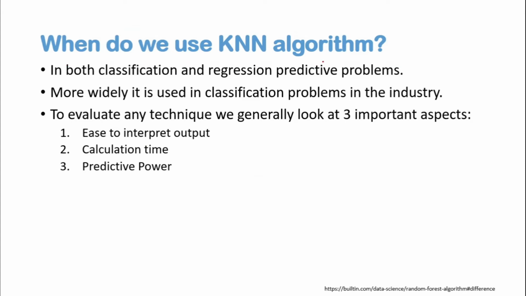When do we use the KNN algorithm? This is the question. As we already know, it is a supervised algorithm. The KNN algorithm is used for both classification and regression. For predictive problems like classification problems and regression problems, we can use this KNN algorithm, and it is most widely used in classification rather than regression in the industry.